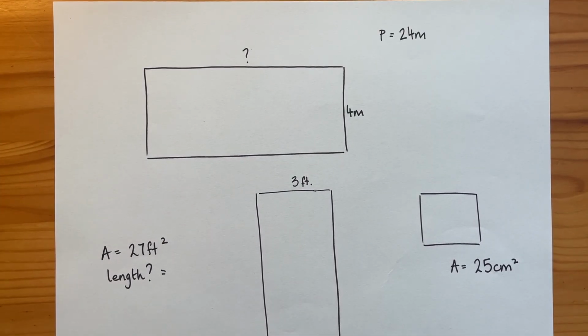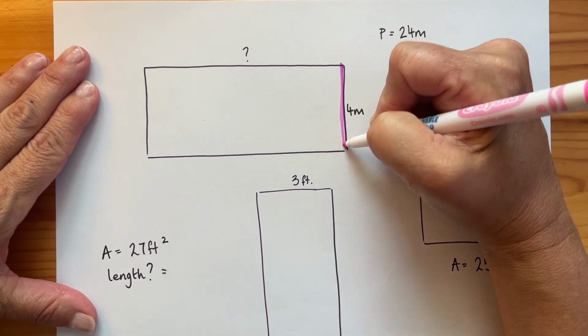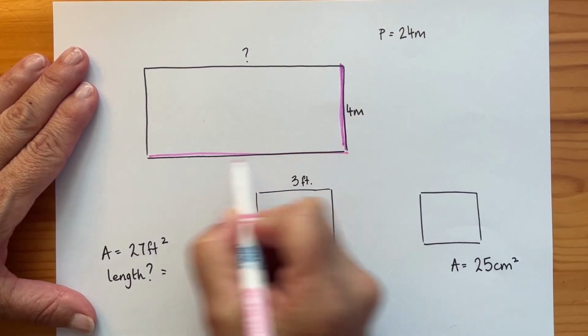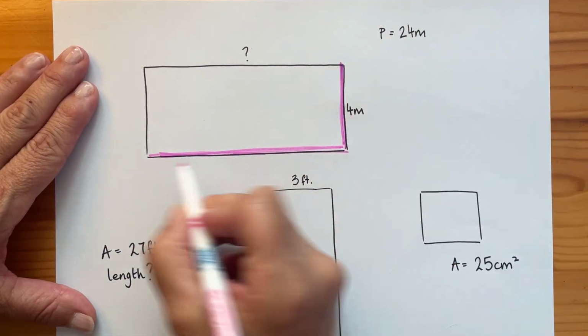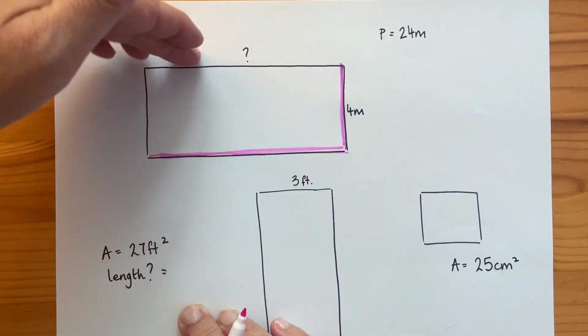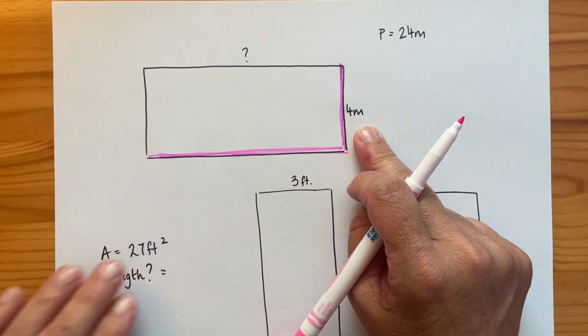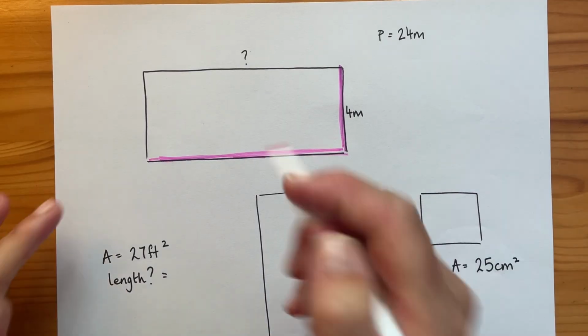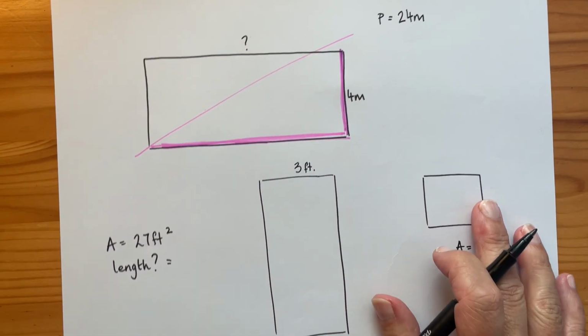So what I want you to remember, what we talked about earlier, is that the sides can be split into 2 sets, right? So we've got the width and the length, and then obviously this length is going to be the same as this one, and this width is going to be the same as this one. So let's imagine that we've split this rectangle into 2 parts, right?